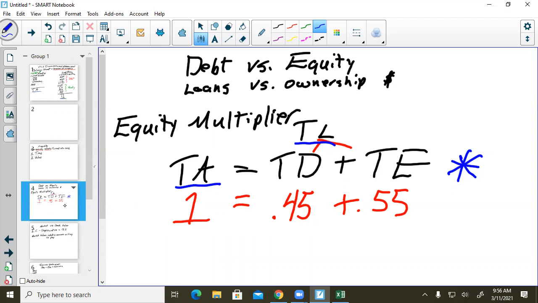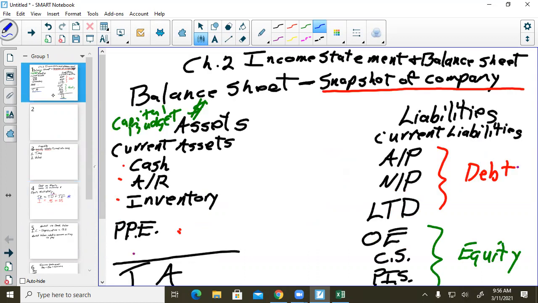So see what I mean by it makes your highs higher and your lows lower, puts you in a deeper hole that you have to dig out of. Okay. Is everybody good about debt versus equity and equity multiplier? Does everybody see how it fits on your balance sheet? Is everybody good there?